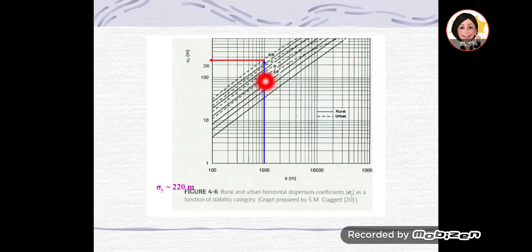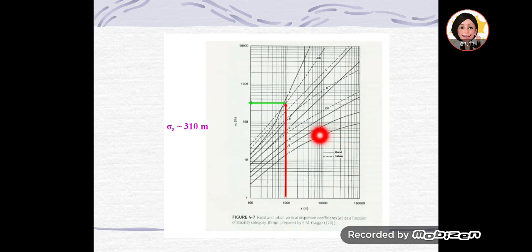If I match it straight to stability class A, in this case A and B are the same line, so I get sigma y as 220 meters. Then for sigma z, again I look for 1000 meters and match it to stability class A. If you notice, it's matched to the linear models.